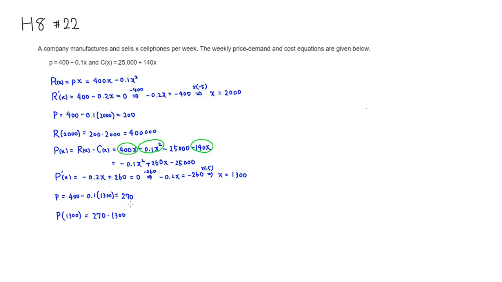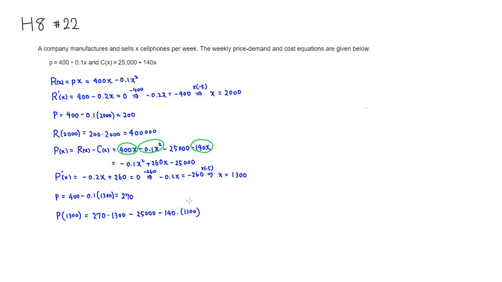And then we need to subtract the cost, 25,000 plus 140 times 1300. Let's compute that.